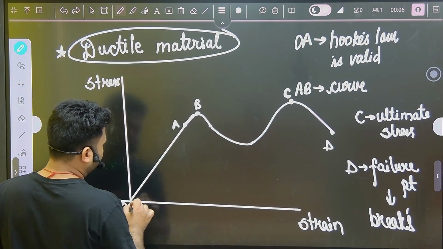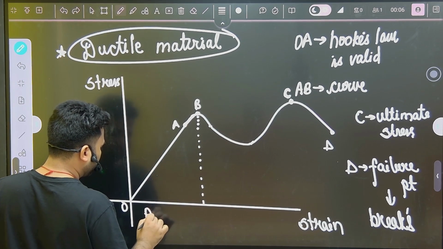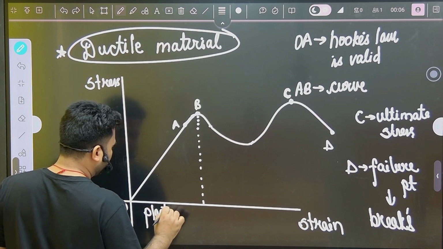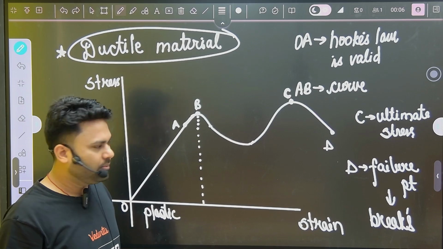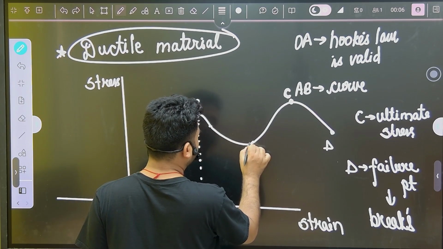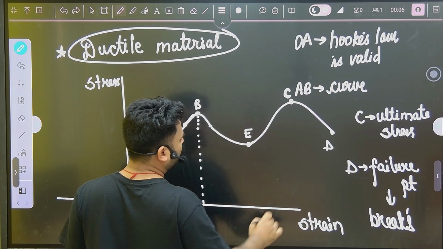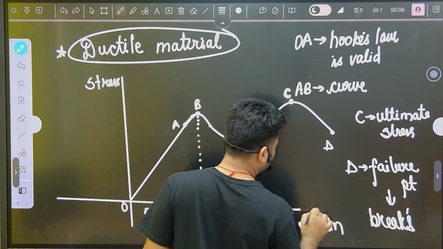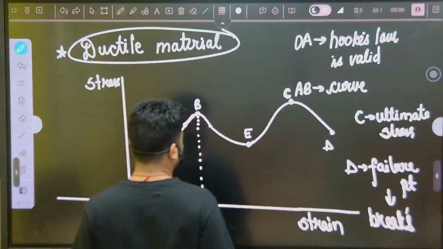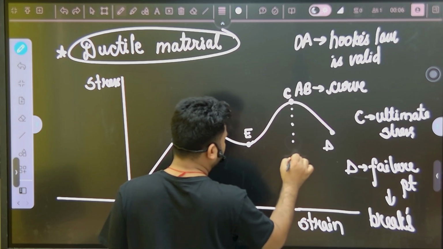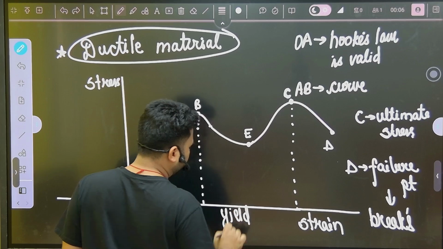This zone from O to B, in this zone, when you apply the force and then release the force, the material will come back to its original position. From this point, suppose I name this point E, from here to here, this is yield, meaning the material will come back but not to its original shape.